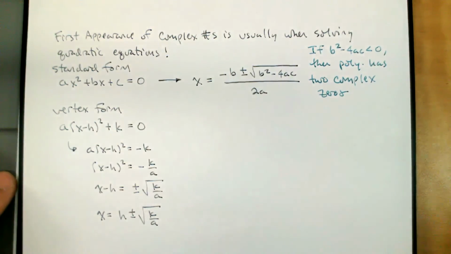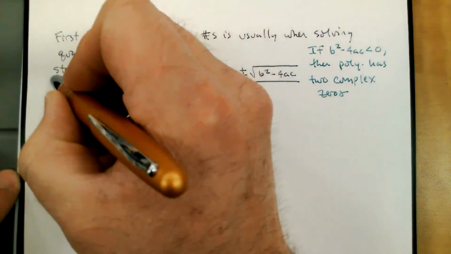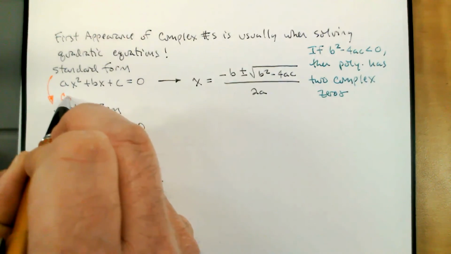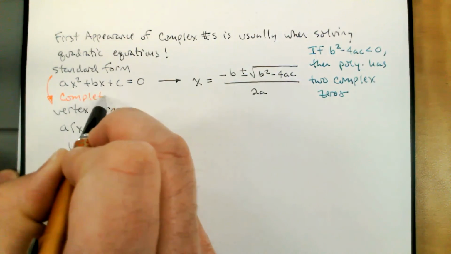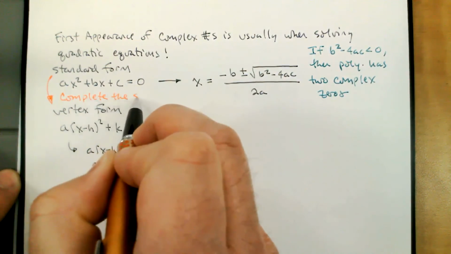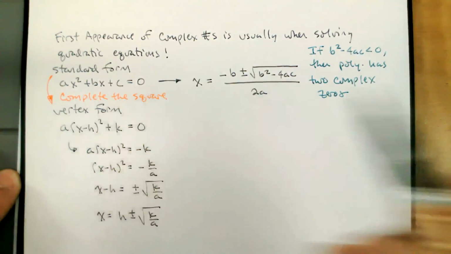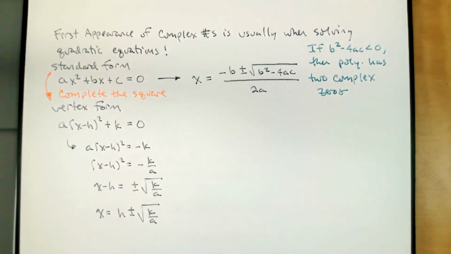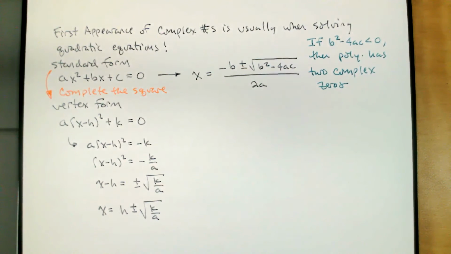The process of going from standard form to vertex form is called completing the square, which is the technique that you use if you want to figure out what the quadratic formula should be. If you complete the square on ax squared plus bx plus c, you get the vertex form, and you also get the quadratic formula.